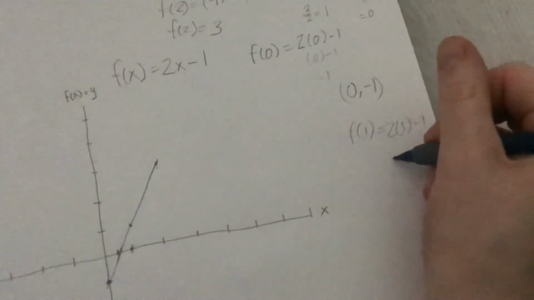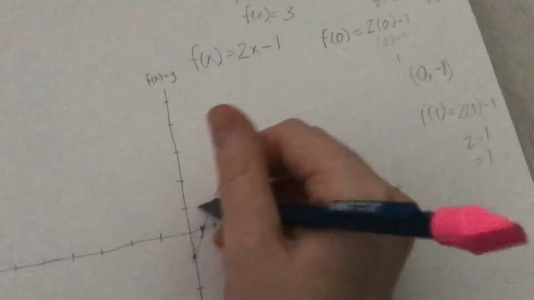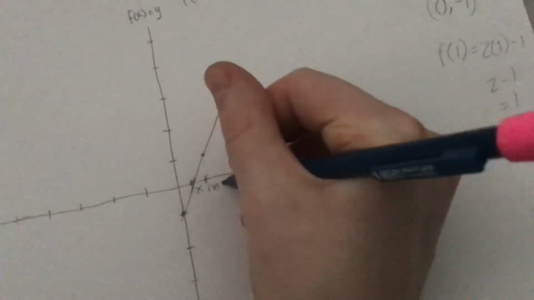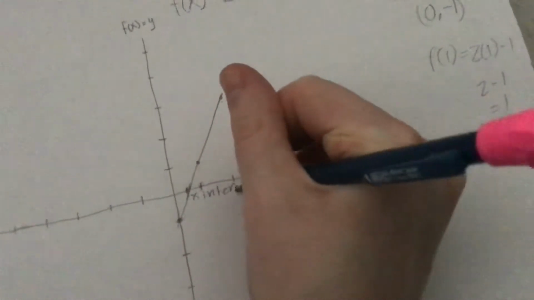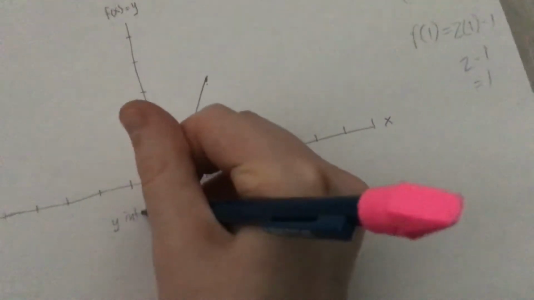Then we get 2 minus 1, which is also equal to 1. So this is 1 and 1. This is where we intercept. So this is the x-intercept, and this is the y-intercept.